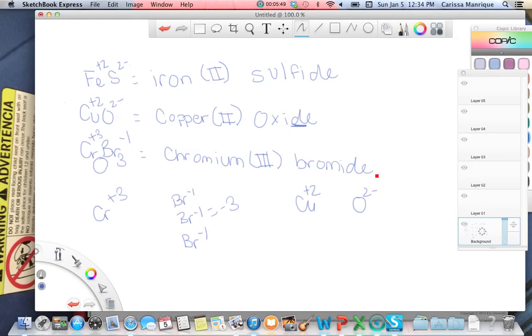So just remember there's a little bit more math involved whenever you have a subscript, but it's not hard. Just multiply this out, the charge and the subscript. Whatever number you get, that is the number you're going to get for the charge for your metal. Okay? So how do I know when to use a Roman numeral and when not to use one?